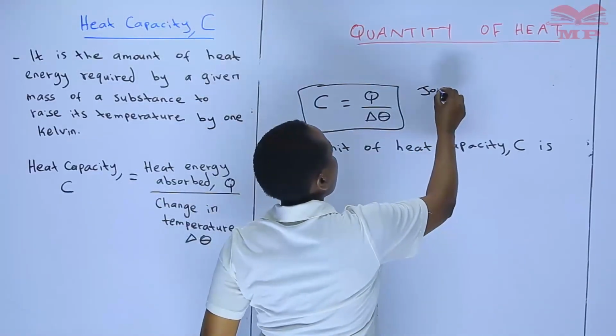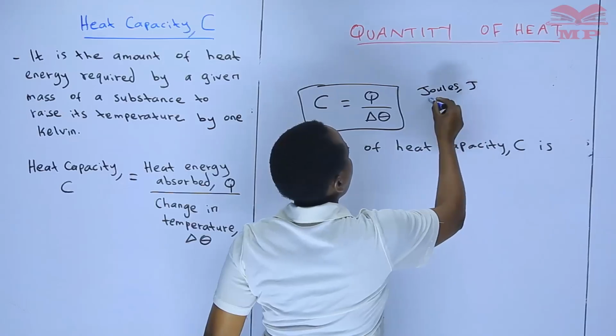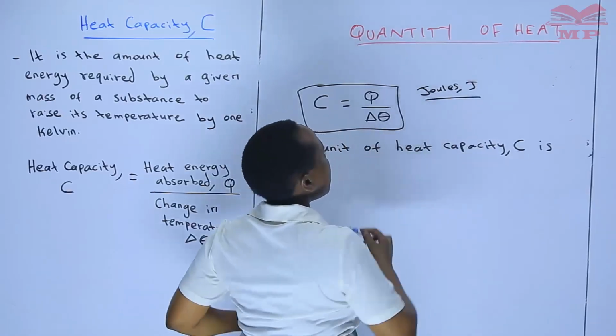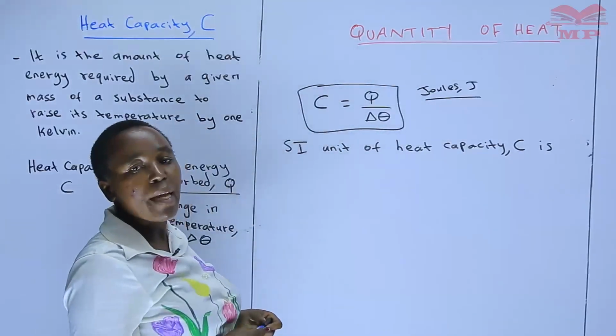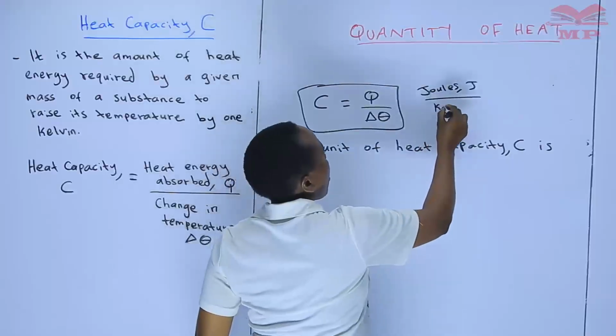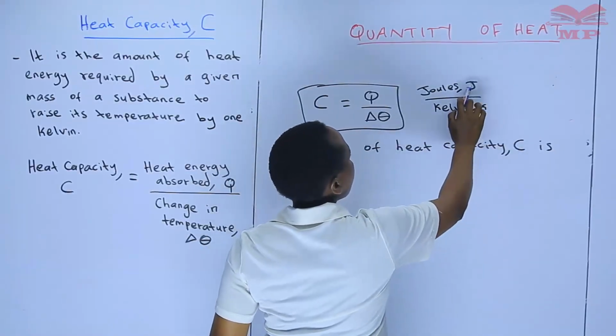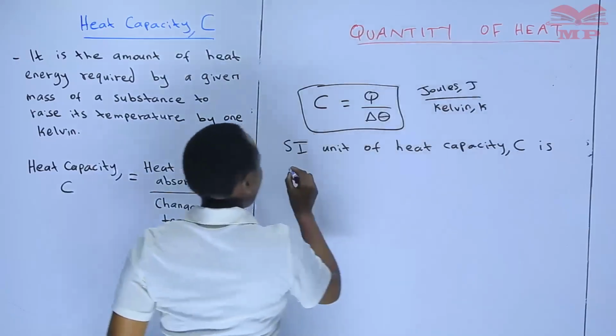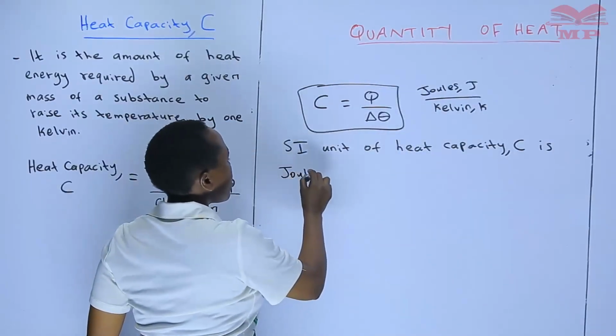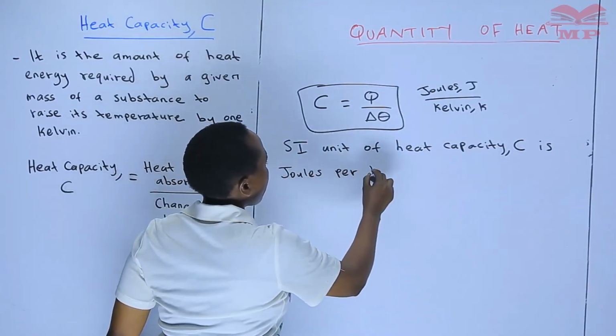Joules. So we have joules there, divided by change in temperature. The unit for temperature is Kelvin. So we have Kelvin, K. And therefore the SI unit is joules per Kelvin.